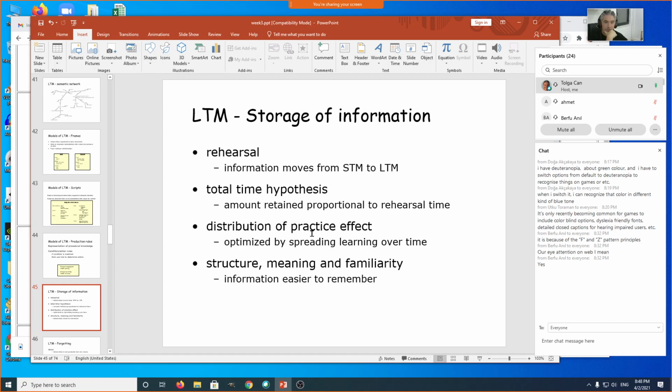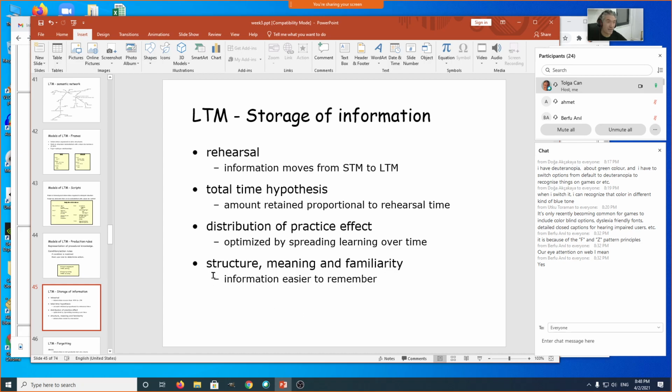Also, if you distribute your repetitions over a period of time, it helps retain that information in long-term memory. Instead of focusing on a single day to study all the subjects, where the retention may not be that much, if you distribute your rehearsal or practice of this knowledge over a long period of time, it helps store that information in long-term memory.